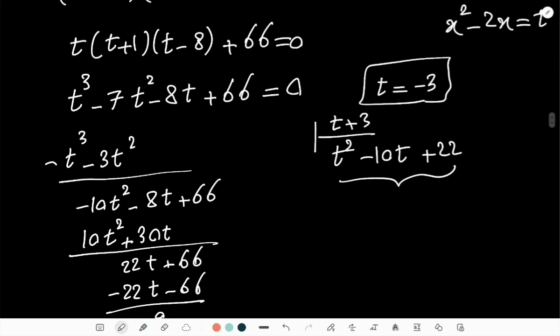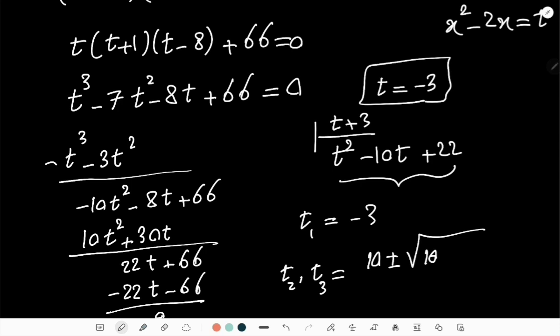So one solution will be t₁ = −3, and the other two solutions, t₂ and t₃, will be 10 ± the square root of 100 − 88, which is 12, divided by 2. Instead of the square root of 12, I can write 2 square root of 3, which gives me 5 ± √3.